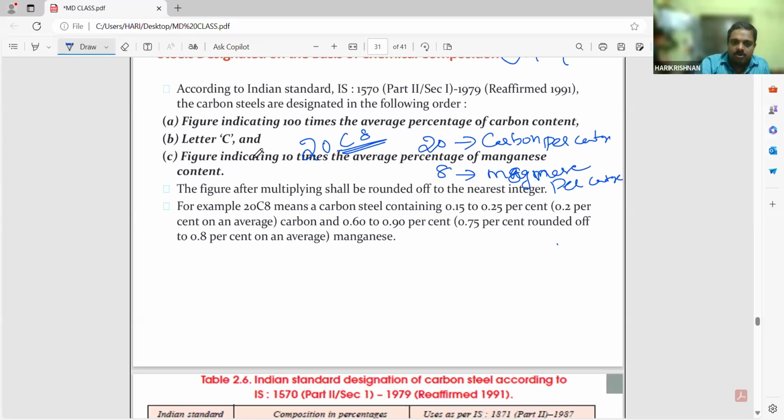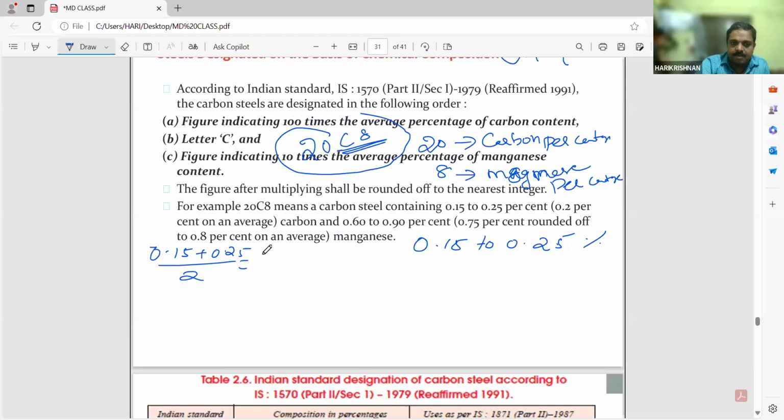So if it is 20C8, it means the carbon content will be 0.15 to 0.25 percent. So what you do is you take the average of 0.15 plus 0.25 by 2.